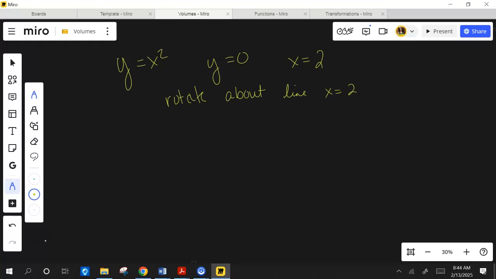So with respect to y, right, Logan? Right.